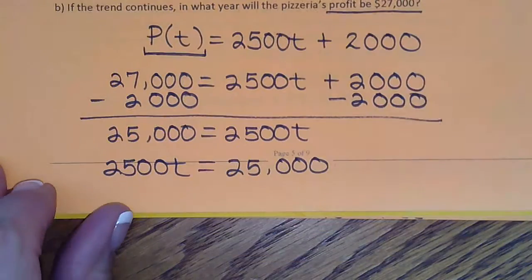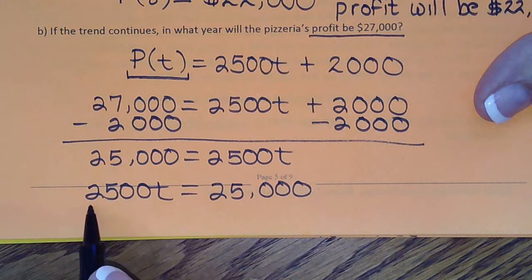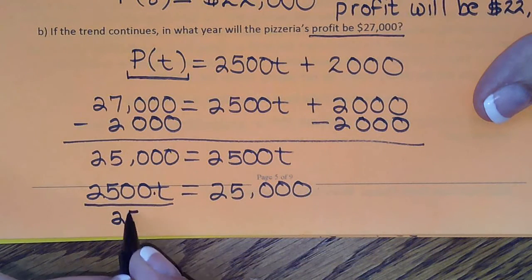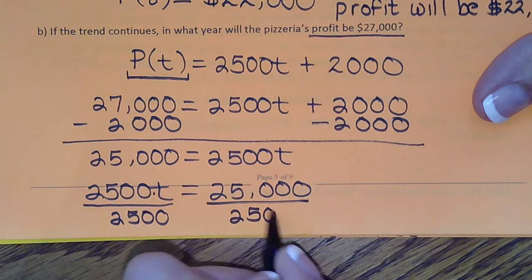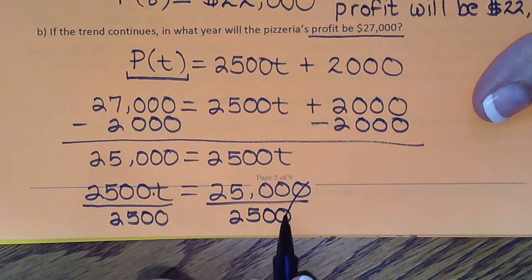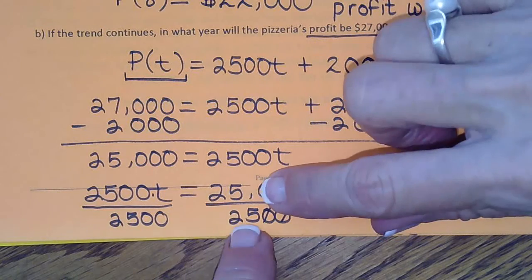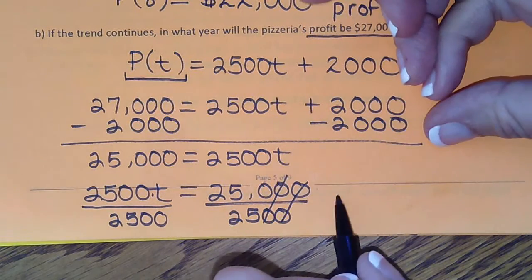Then only one step left, right? We need to get T alone. So do the opposite of multiply by 2,500, which would be divide by 2,500. So that 0 can be gone, that 0 can be gone. So 25 divided by 25 is 1, and add a 0, so that'll be 10.